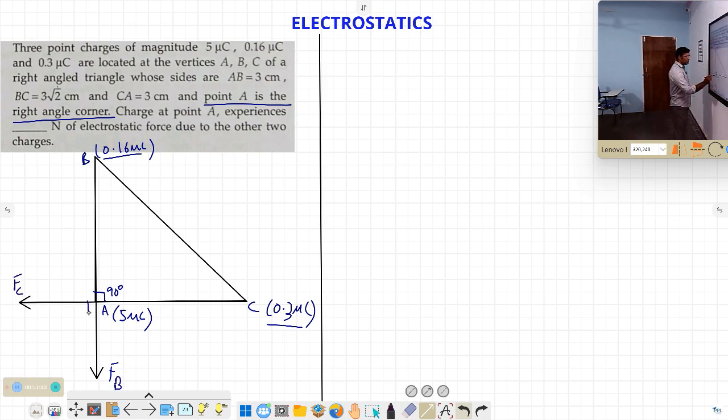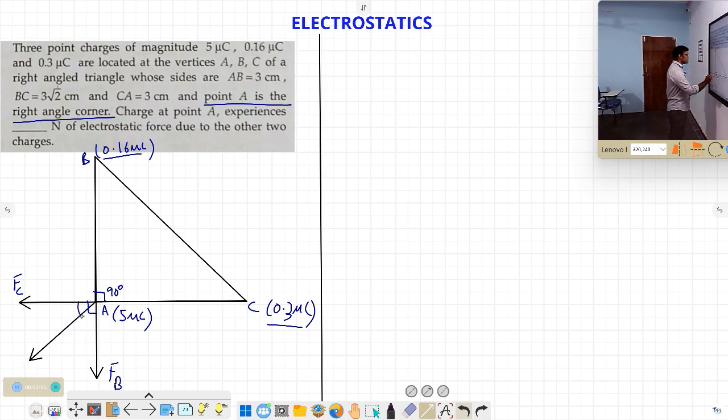Both forces are separated by an angle of 90 degrees. So the resultant of these two will come in between them, not exactly in the middle, because these forces are not the same.